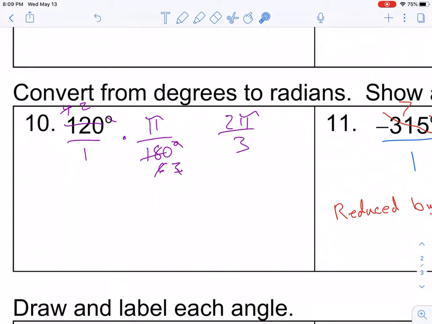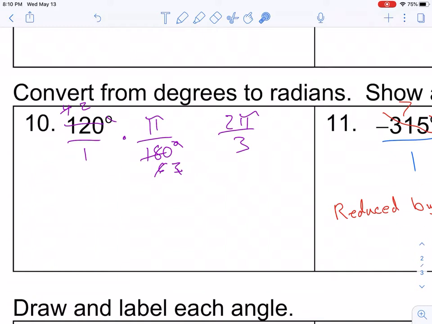So I must have used 30. So 30 went into 120 4 times. 30 went into 180 6 times. And then I realized, 4 over 6, that can be reduced further to 2 over 3.